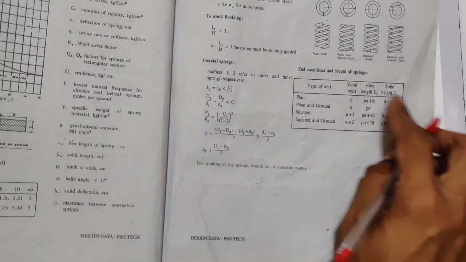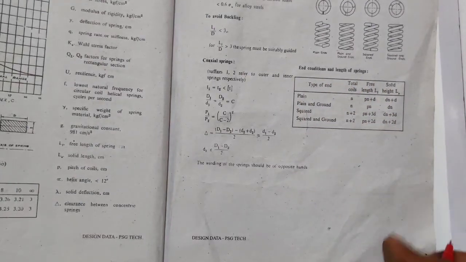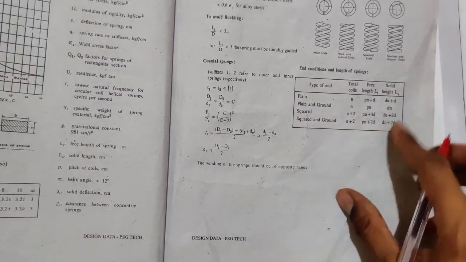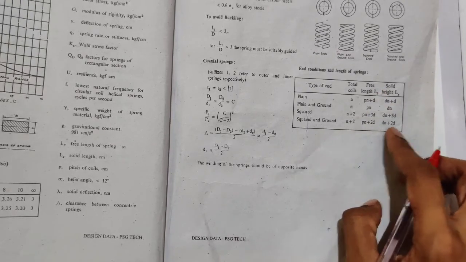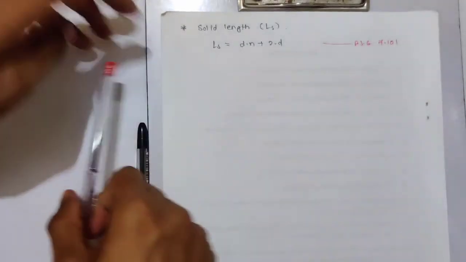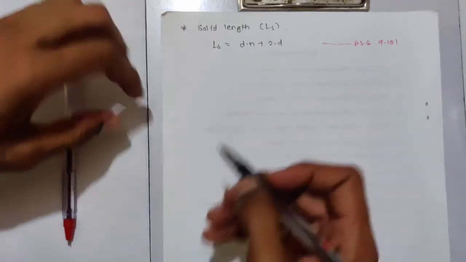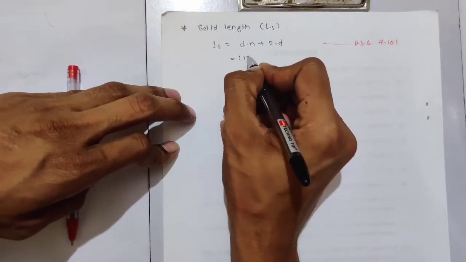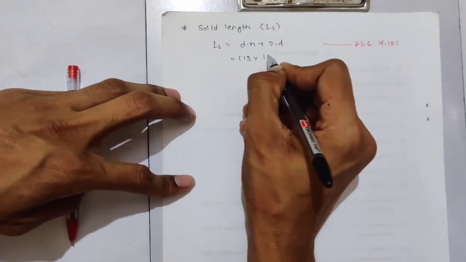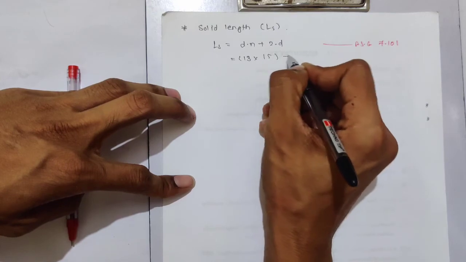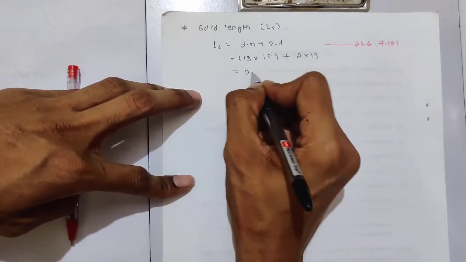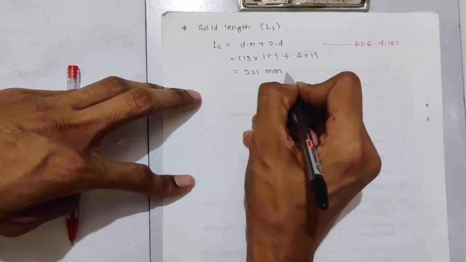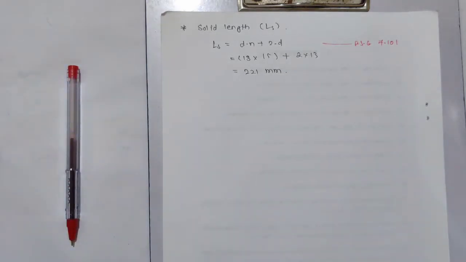Square and ground end: solid length d(N plus 2), and free length p N plus 2d. So d is 13, number of turns I think 15 plus 2, into 13. So it is 221 mm. Alright, so we have Ls.